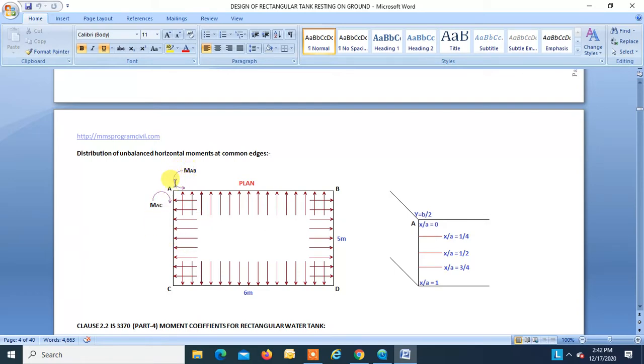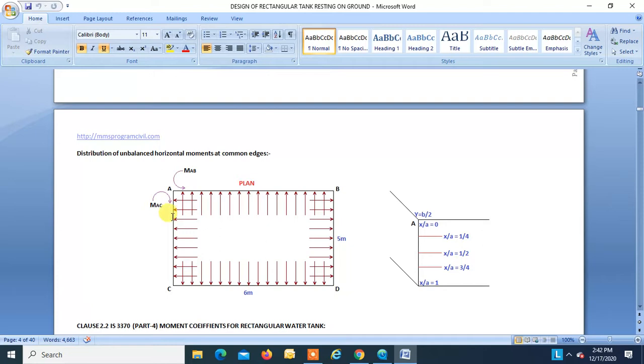So the fixed end moment MAB over here and fixed end moment MBC over here will be the same, and there will be no unbalanced moment. And in that case you can use the coefficients given in the code for individual panel for the square water tank without any modification.